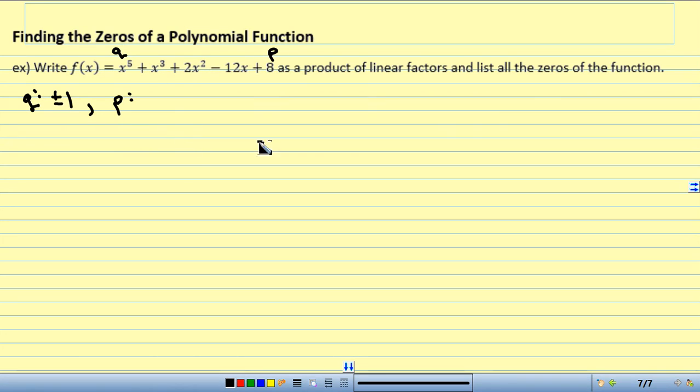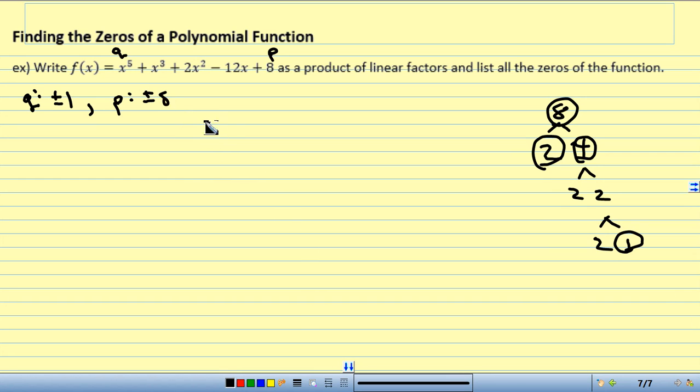However, our p's, when I factor out 8, I'm just going to do it here and I'm going to erase it. So I got 2, 4, 2, 2, and then remember, you'll always get a factor of 1 as well. So all my factors: 8, 4, 2, 1.